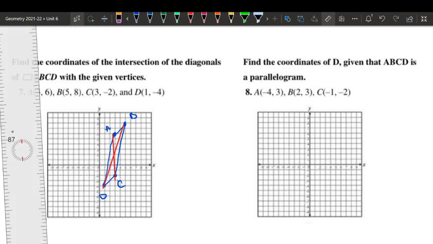So you can draw the diagonals and then see where they cross. Right there, so these cross at the point 3, 2.